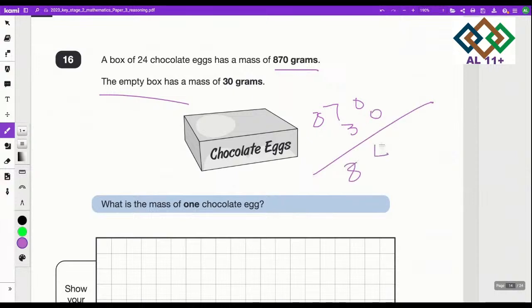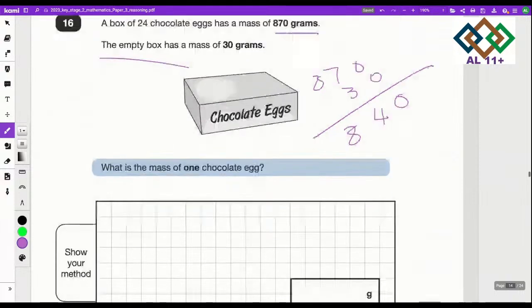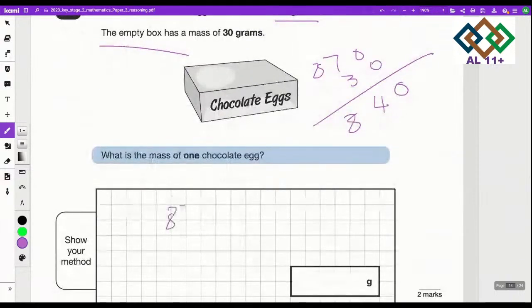That would give you 840. But remember, you need to find for 1. So after that, you will do 840 divided by 24. So what is 840 divided by 24?